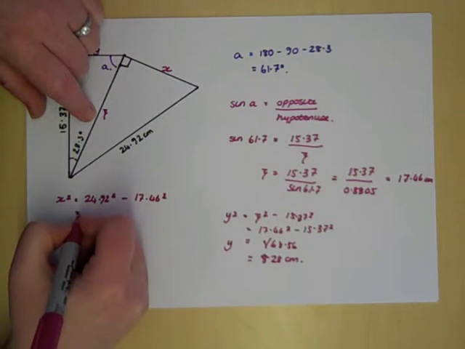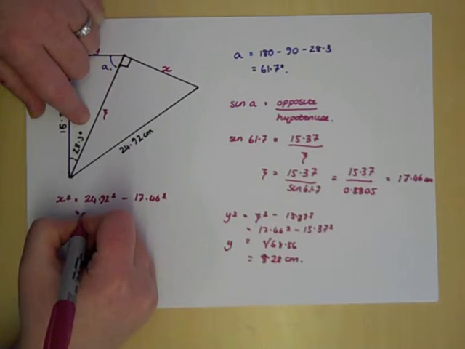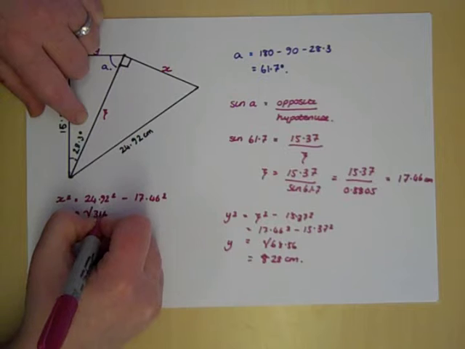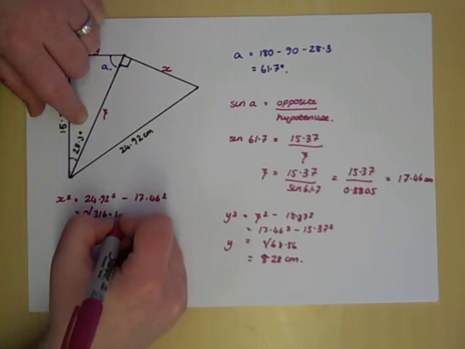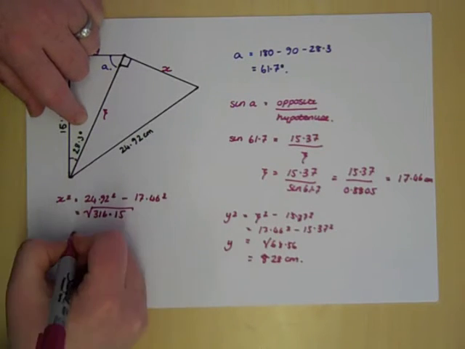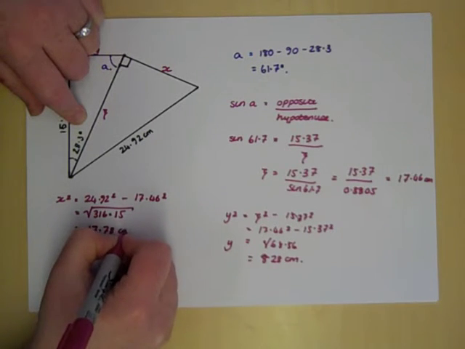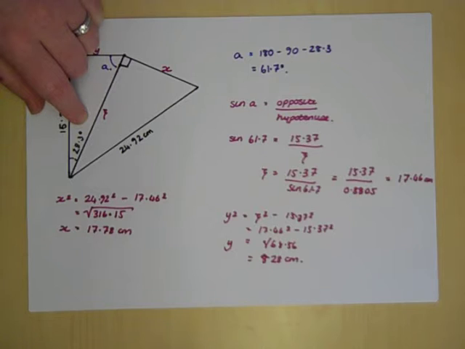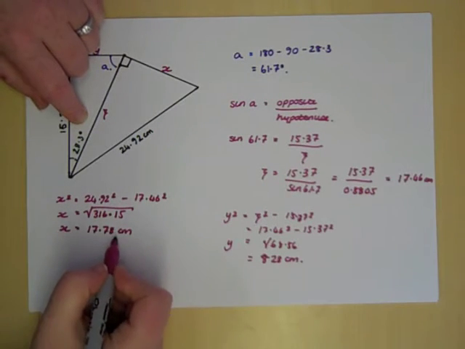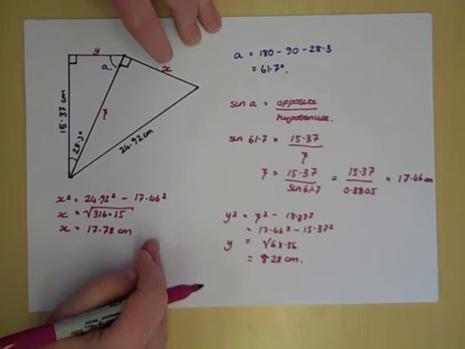So that is equal to the square root of 316.15, which is equal to 17.78 centimetres. X is equal to 17.78 centimetres. So this is this length here now.